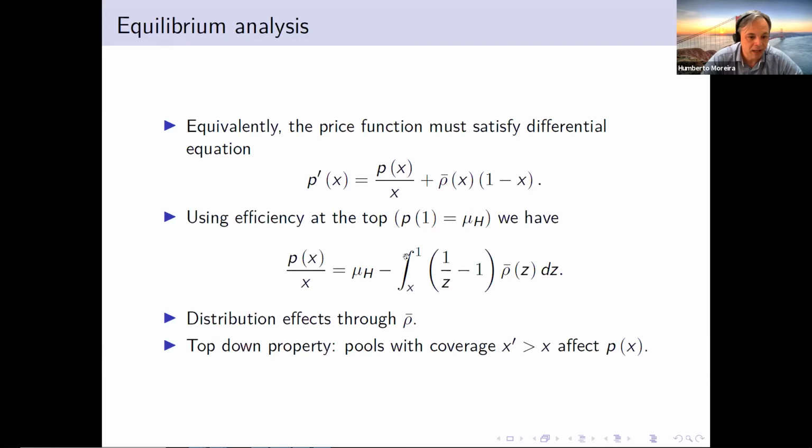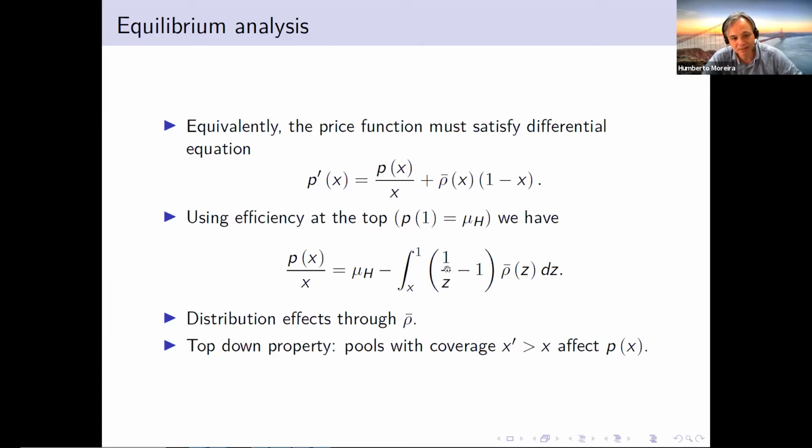But what is important in this formula, and I want to highlight that, is this top-down effect. If you see a type that is choosing a given level X, what is important for him is not only his risk, but all the risk coming above him, all the types that are choosing a higher level of coverage.